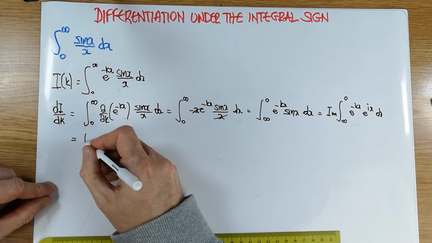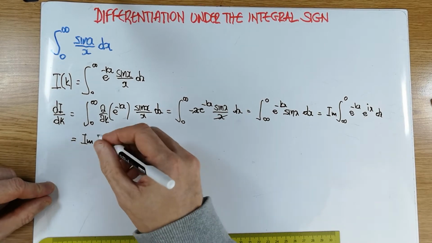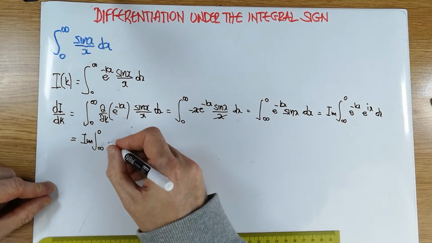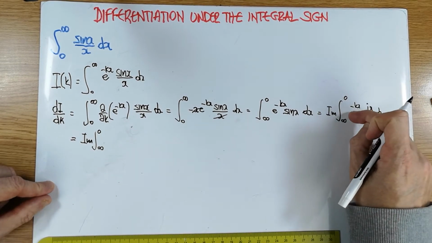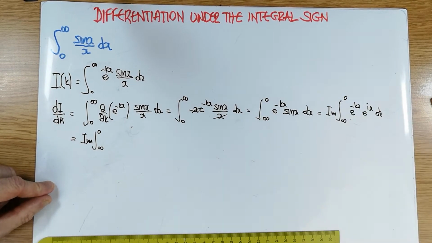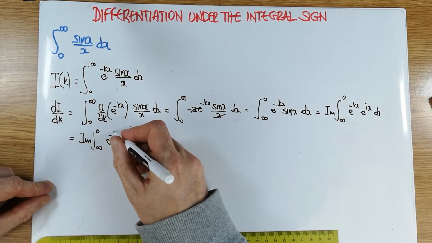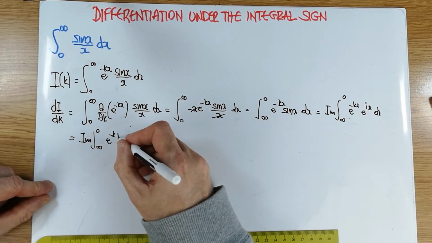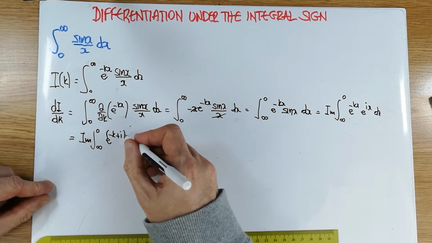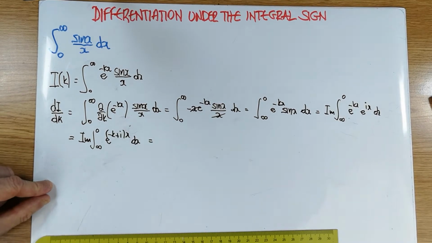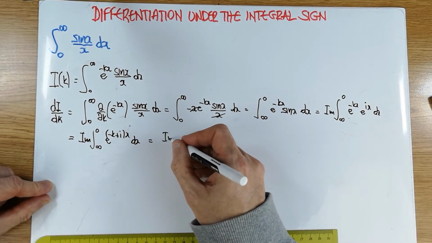Equal to the imaginary part of the integral from infinity to 0 of e to the minus k plus i lots of x dx. We carry out the integration now.